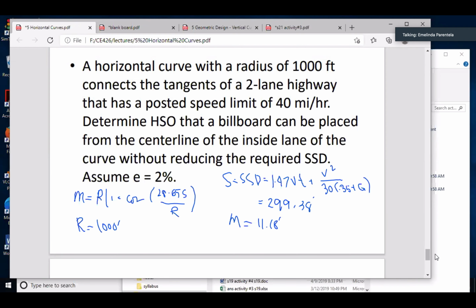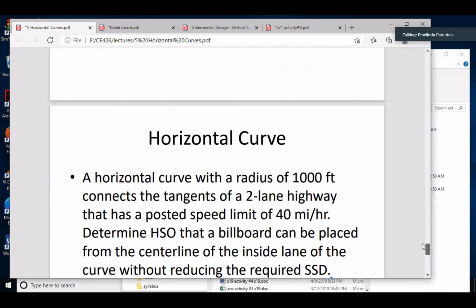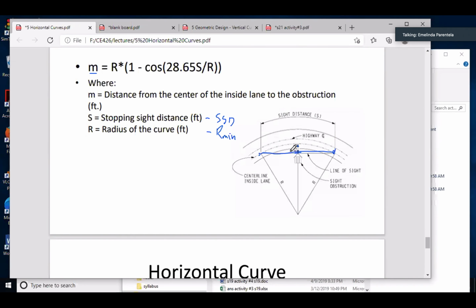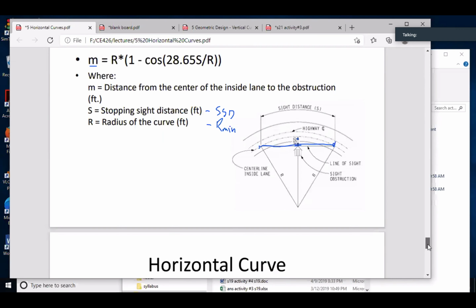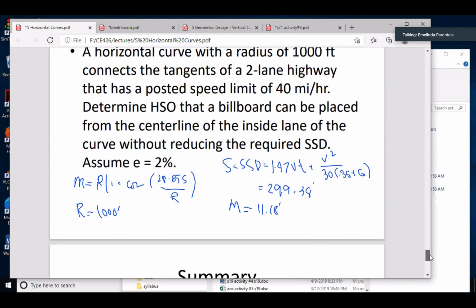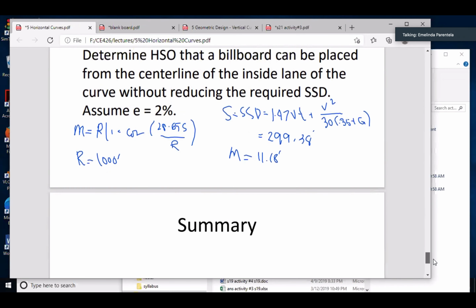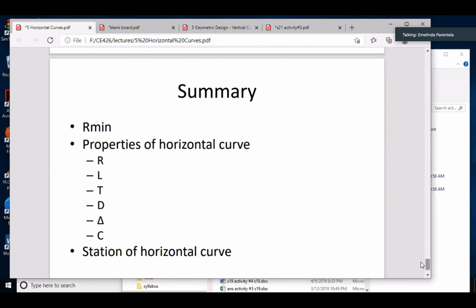Yes, thank you very much. So what this means is you need to provide a clearance of around 12 feet here to make sure that the driver will be able to pass through the curve safely, so there won't be any obstruction while he or she is traveling the roadway. Any questions on that?